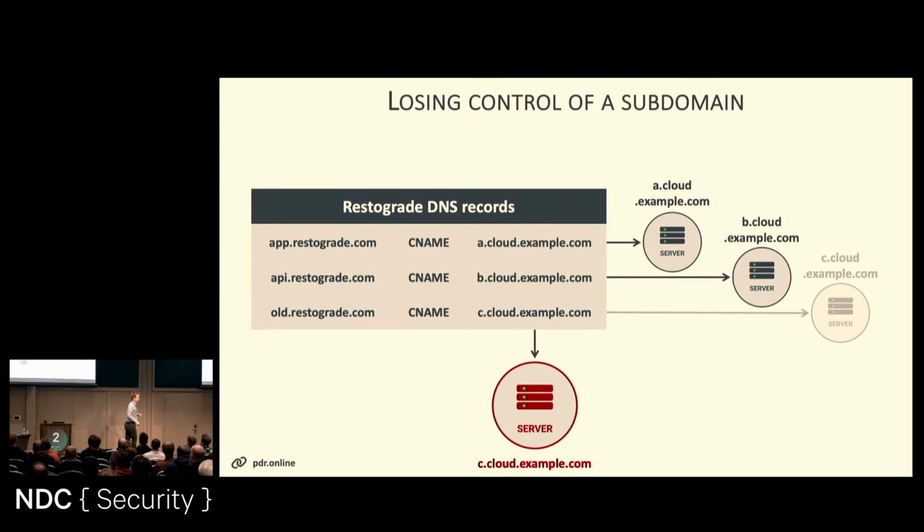And guess who's looking for those things? Attackers. And if they find something like blah.blah.pragmaticwebsecurity.com pointing to nothing, or to an IP address that is no longer assigned, and they assign something with that specific IP address, or they create a property on AWS, on Azure that matches your CNAME record, all of a sudden, they can access it through your DNS records, like old.retrograde.com, pointing to something controlled by the attacker.